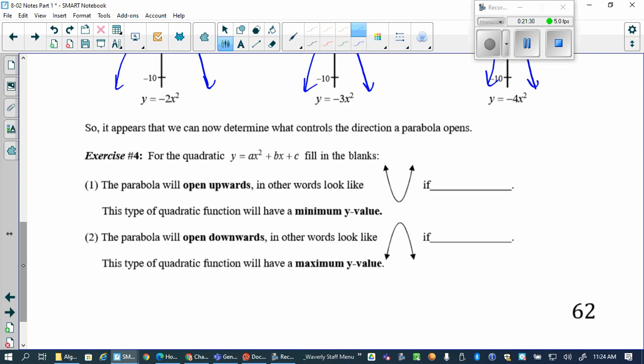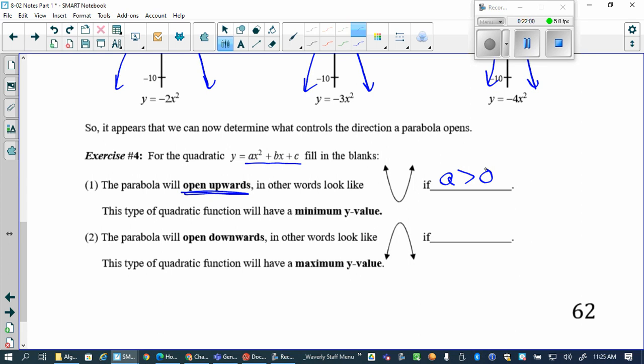So we had a quadratic. It's in this form: y equals ax squared plus bx plus c. Fill in the blanks. The parabola will be concave up like this if what? What about a? If a is what? Anybody know a different way to write a positive? Right, whenever you see something greater than 0, you can think positive, right?